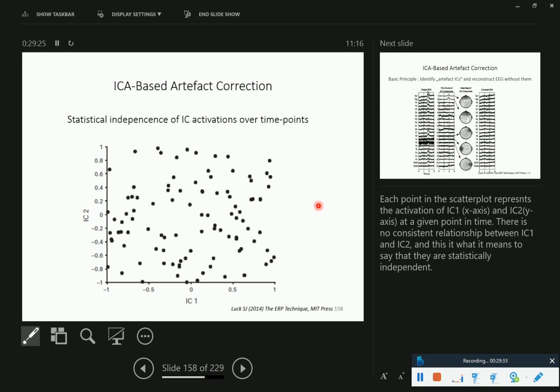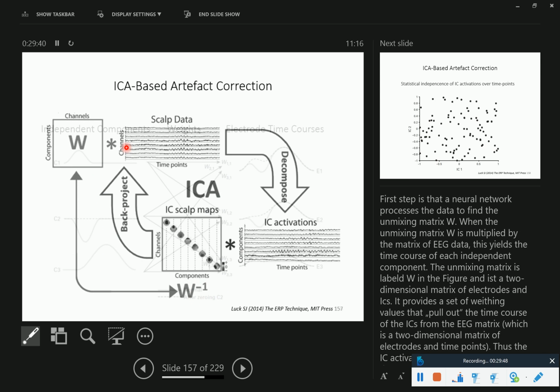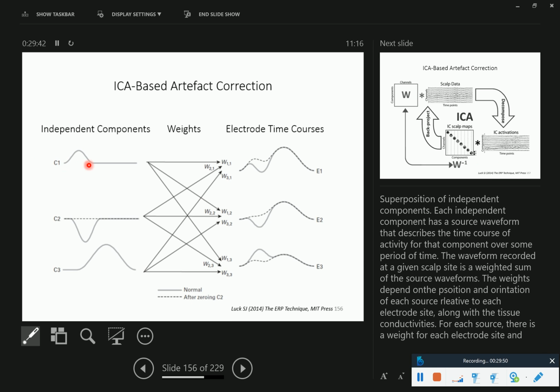This shows the notion of statistical independence of IC activations over time points in the following sense. Here you have independent component 1, and here you have independent component 2. If you look at this plot, these are time series, and you can plot their relative relation so you get a two-dimensional thing for each time point.